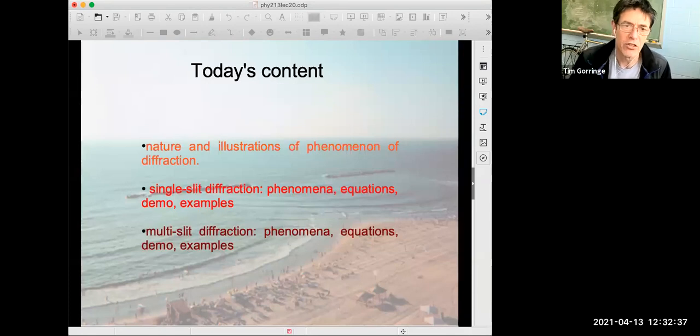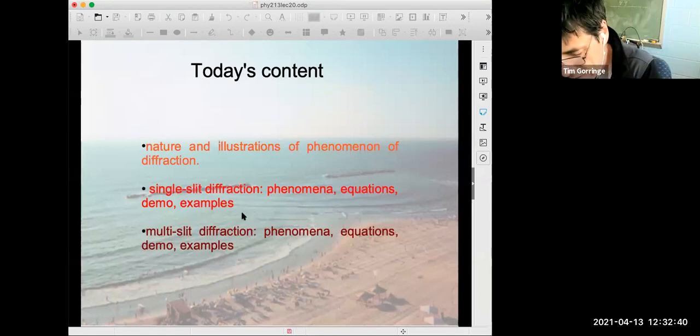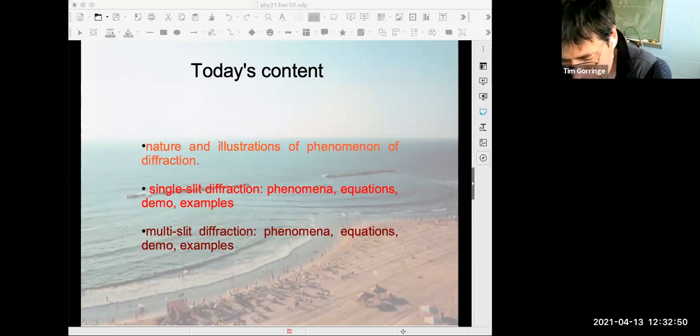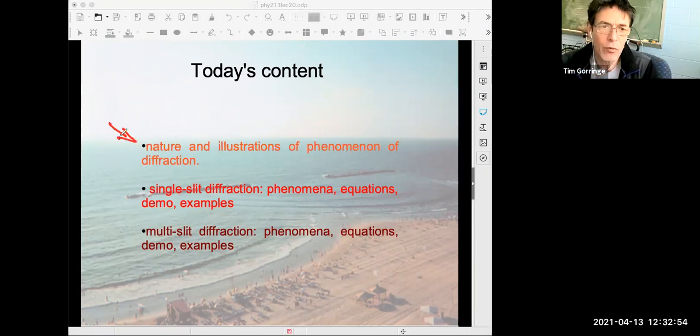So we're actually going to start by introducing the phenomena of diffraction, the nature of diffraction, some illustrations of diffraction. So that's topic number one here. And then we're going to get much more specific. And when we get much more specific, we'll be able to write down equations describing diffraction, make diagrams describing diffraction, look at examples of diffraction.